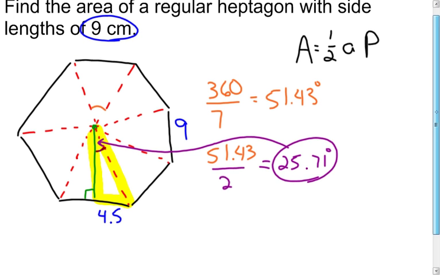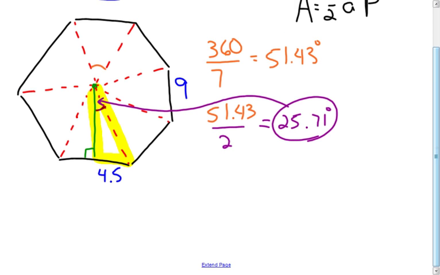And now, like I said earlier, I can use trig to find the length of my apothem, that green piece. From my angle, the 25.71 degree angle, I know the opposite side, and I'm looking for the adjacent side. Well, that tells me I need tangent. So I'm going to use tangent of my 25.71 degree angle.